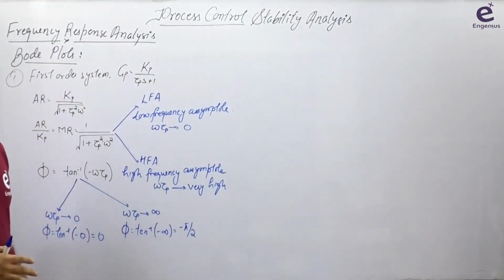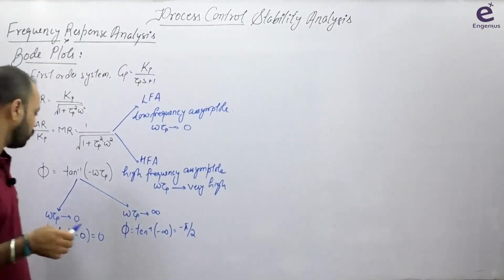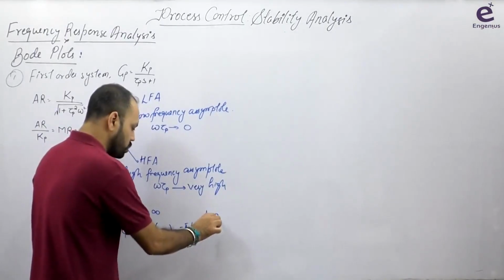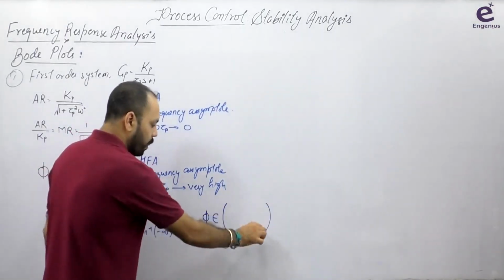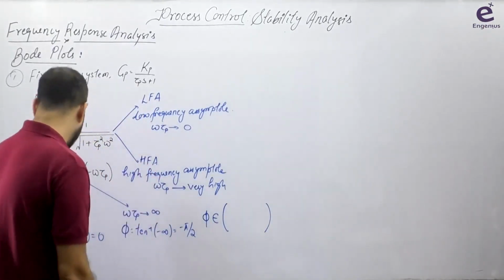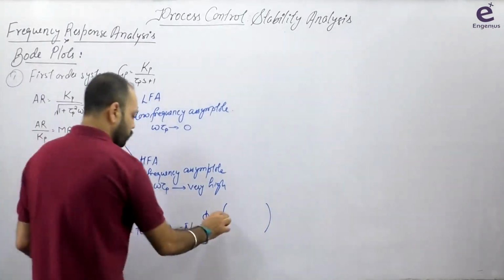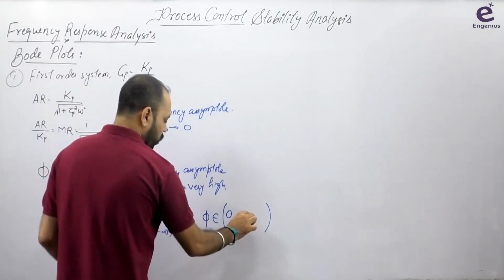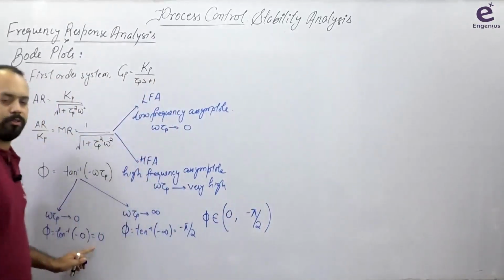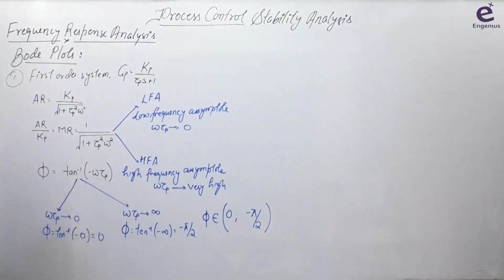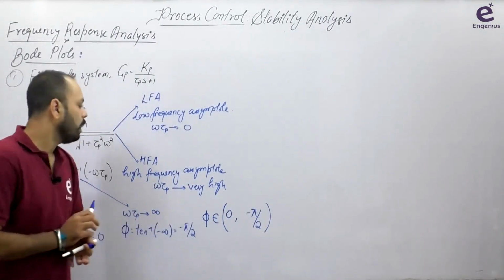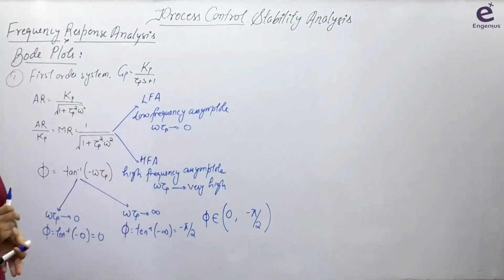So phi ranges in an open interval: for small frequency it is near 0, and for large frequency it is near minus pi by 2. This is the range of phi for a first order system.